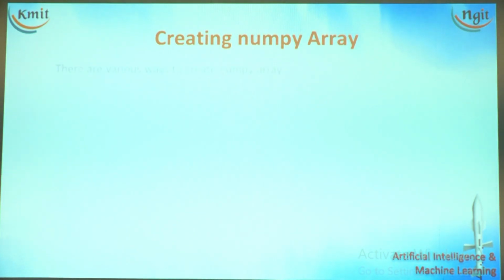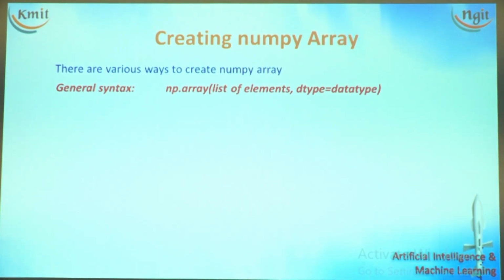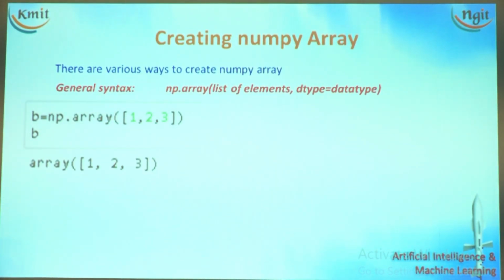The first is the general syntax, wherein I call the array method from the NumPy package. Here you can see I am just using np.array, and as the parameter I have to pass a list. So please do that along with me and create your first NumPy array.